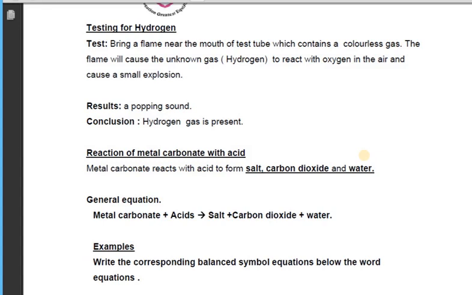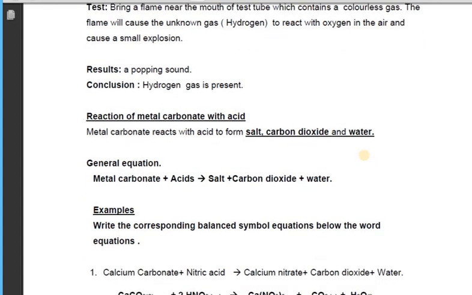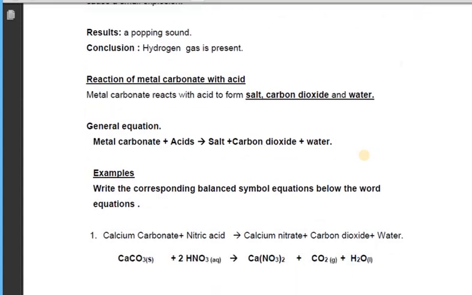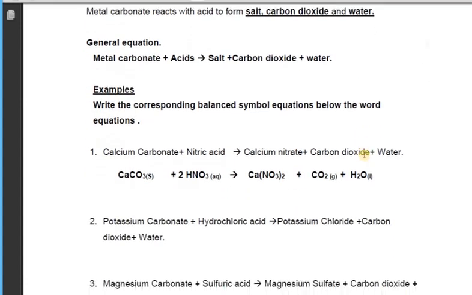You put an already lit splint. Remember how we did this reaction? For you to test for hydrogen gas, you take a lighted splint, and then you put it to the mouth of a test tube, and then it burns with a popping sound. That tells you that hydrogen gas is present.